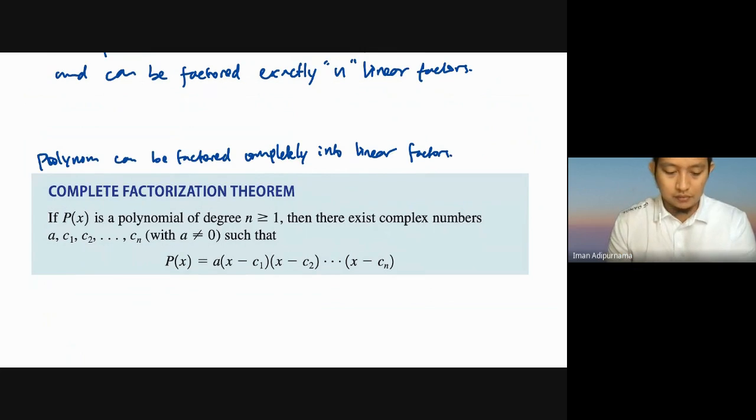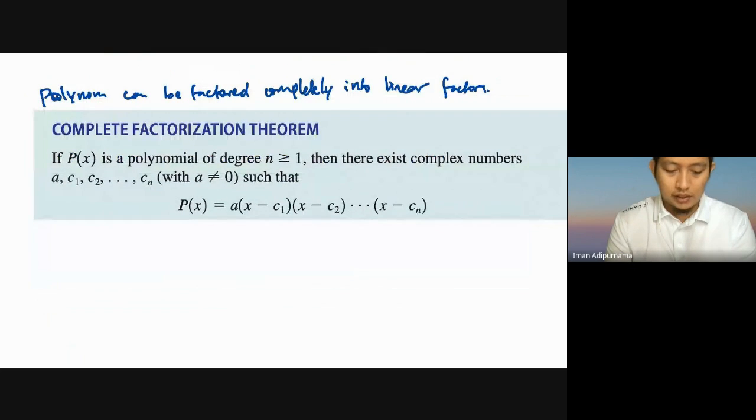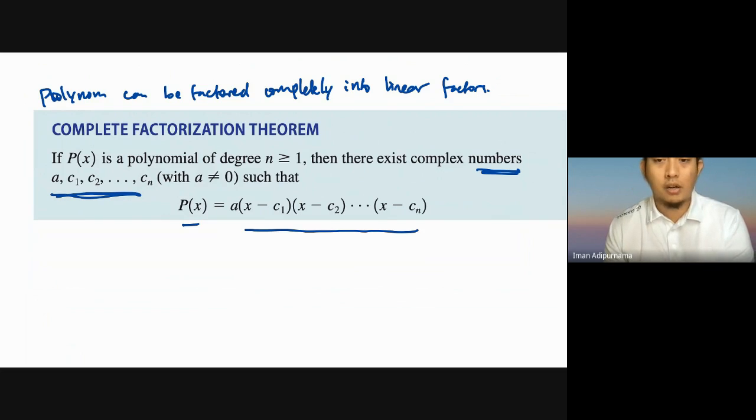Here's the theorem: if P(x) is a polynomial of degree n, where n is at least 1, then there exist complex numbers a, c1, c2, until cn, with a not equal to 0, such that we have this factorization. So these are complex numbers, a coefficient and c1, c2, until cn.